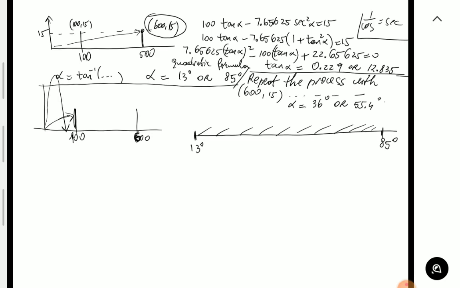But exactly the opposite should happen with respect to the second wall, right? So you don't want to go too high above the lower value, 36 degrees, because if you do that, you're going to overshoot it.